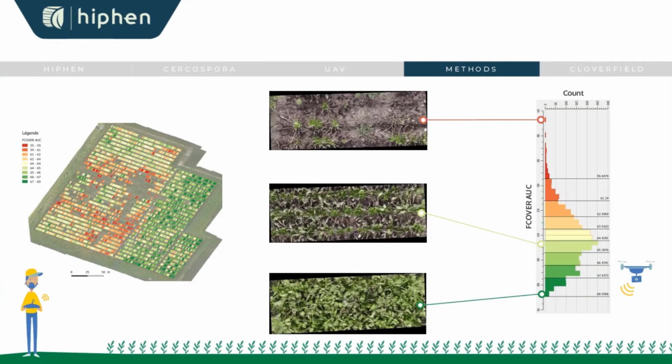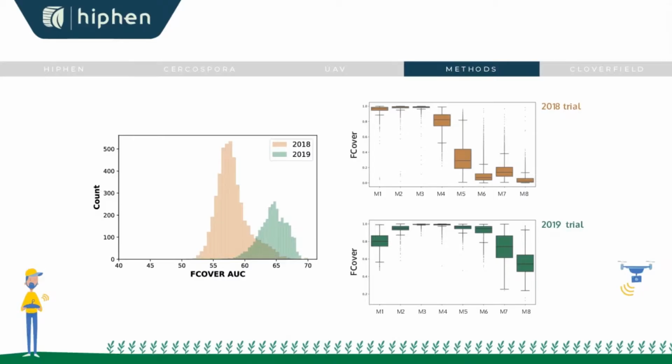The data that we capture with the drone really helps us to get to this level of analysis, this level of detail. With the extraction of each microplot, we can easily inspect the results. This is pretty cool for us, because we can see year on year how the disease impacted the plants.